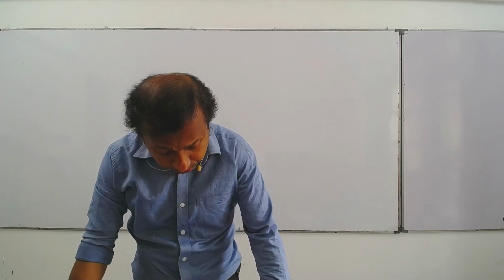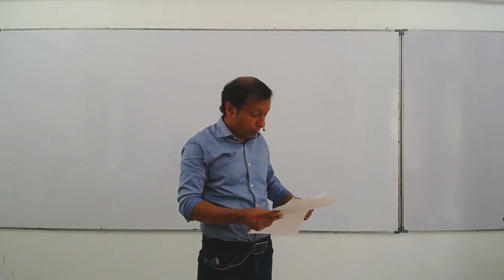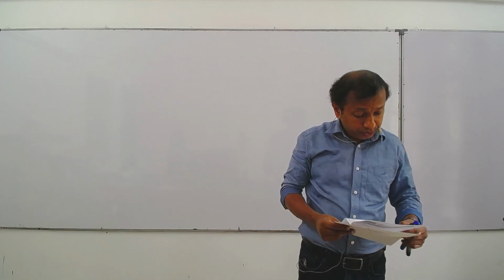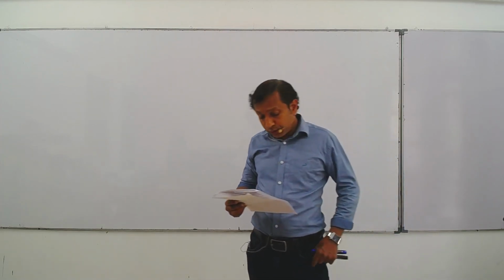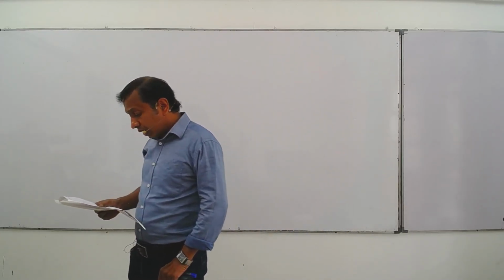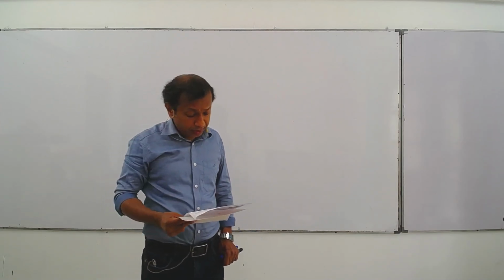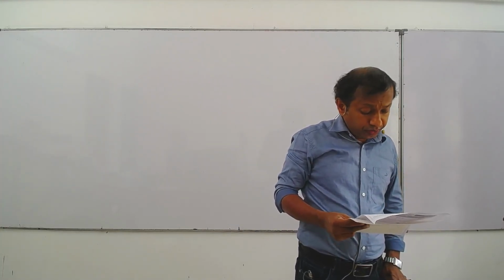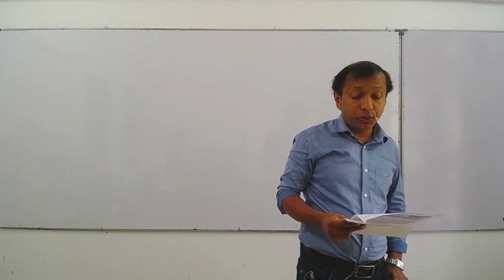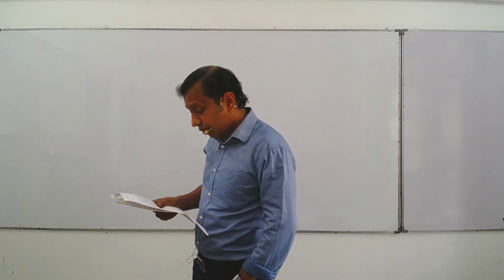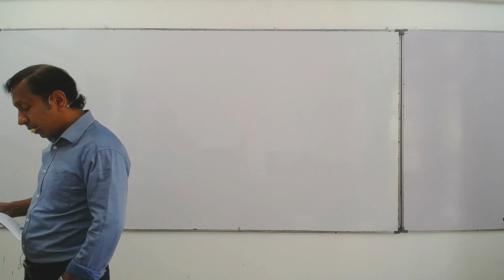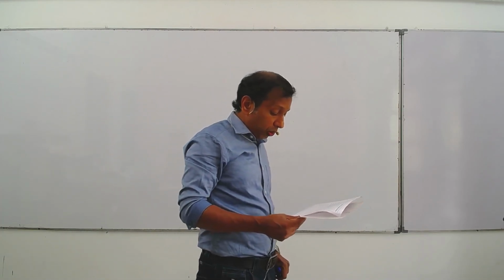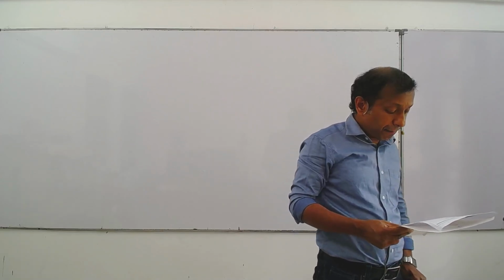A uniform rod of weight W and length 2A has its one end A resting on the corner of a smooth horizontal floor and a smooth vertical wall. The other end B is supported by a smooth peg and the rod is in equilibrium, making an angle theta with the horizontal. If the reaction at the end B is W upon 2 root 2, show that theta is 45. Find the horizontal and vertical components of the reaction at A. What is the distance of the point at which the reactions at A and B meet from the wall?